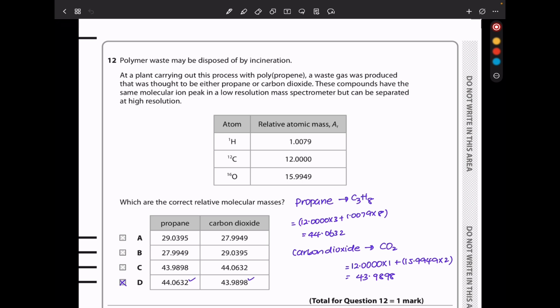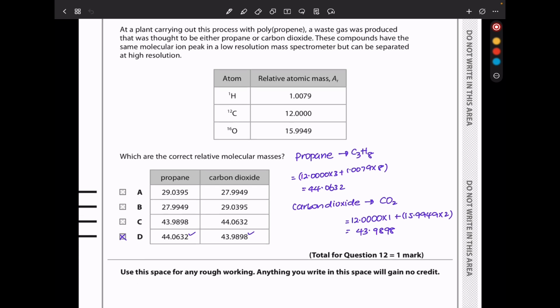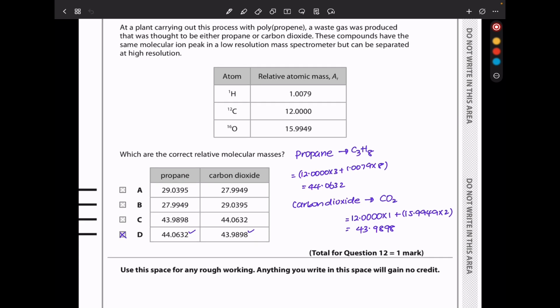In question 12, polymer waste may be disposed of by incineration. At a plant carrying out this process with polypropylene, a waste gas was produced that was thought to be either propane or carbon dioxide. These compounds have the same molecular ion peak in a low resolution mass spectrometer, but can be separated at high resolution. So here they've given us some relative atomic masses corresponding to the different atoms.